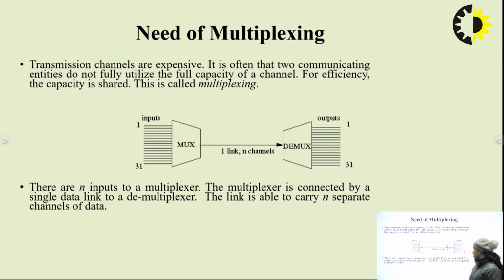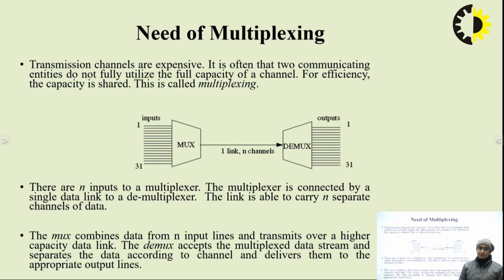The link is able to carry n separate channels of data. The mux combines data from n input lines and transmits over a higher capacity data link. The demux accepts the multiplexed data stream, separates the data according to channel, and delivers them to the appropriate output line.